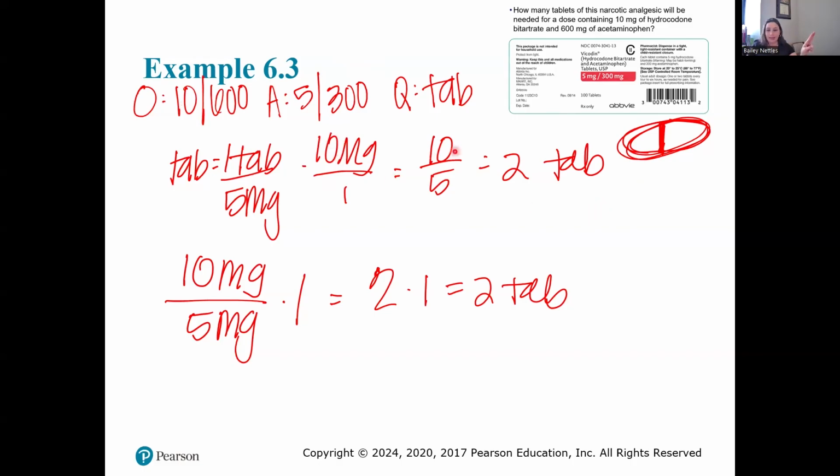But there is no point in adding it in here. Once again, if I'm doing desired over have, I pick one. I picked my 10. I desire 10 milligrams. I have a 5 milligram tablet. I divide, I get 2 times 1 is 2. 2 tablets. That one's a little confusing, and if you need help, put it in discussion board.